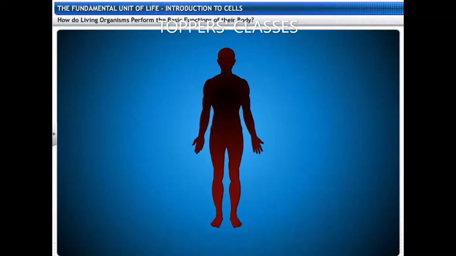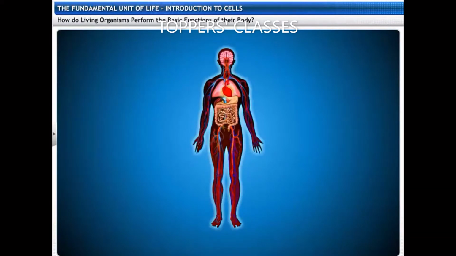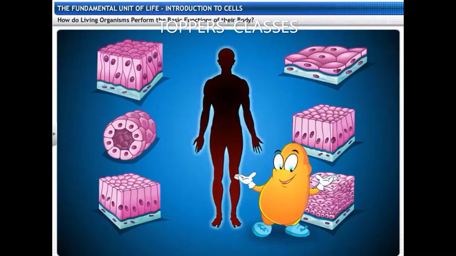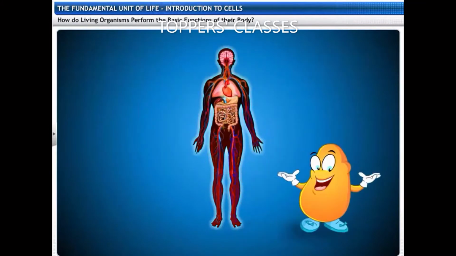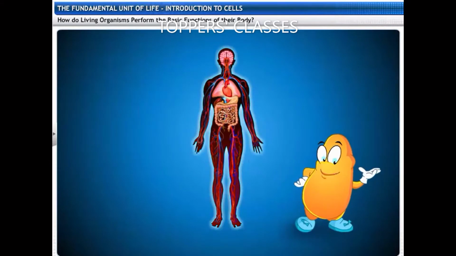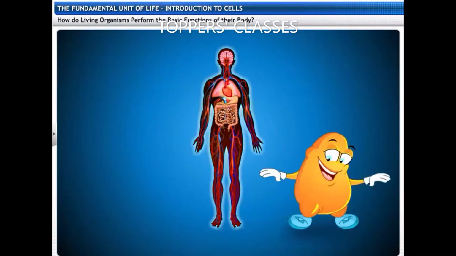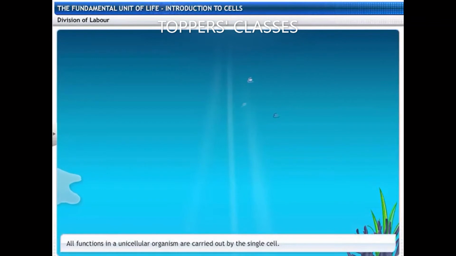Do you know how living organisms perform the basic functions of their body? Living organisms perform the basic functions through division of labor between different organs. Yeah, different cells have different jobs allotted to them, and we all work as a team for the body to function. All functions within a unicellular organism are carried out by the single cell itself.